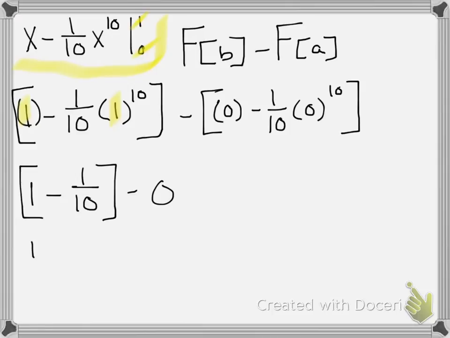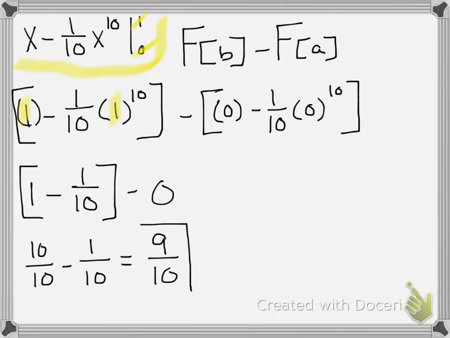You could go ahead and just write that as 10 over 10, so that way we can have a common denominator, since we're going to need one to subtract those. And so that's just going to leave us 9 over 10. And that is equal to the integral from 0 to 1 of 1 minus x to the 9 dx.